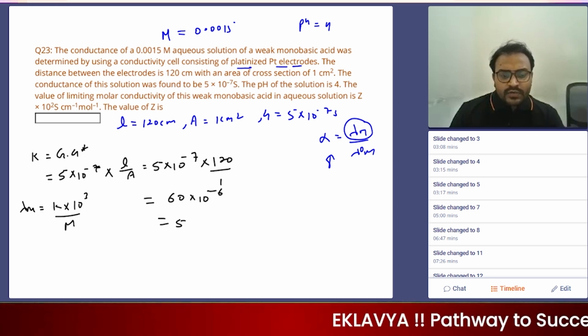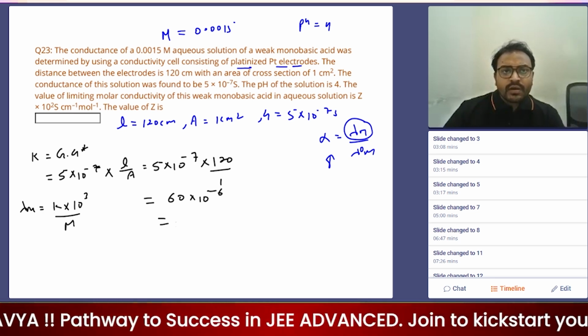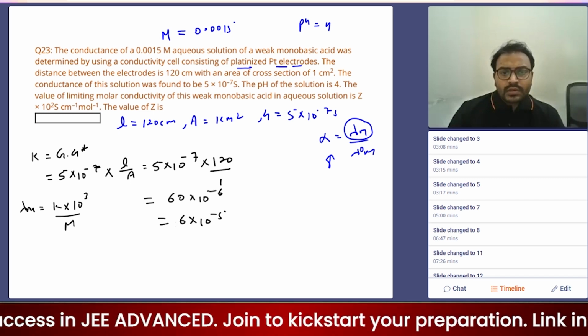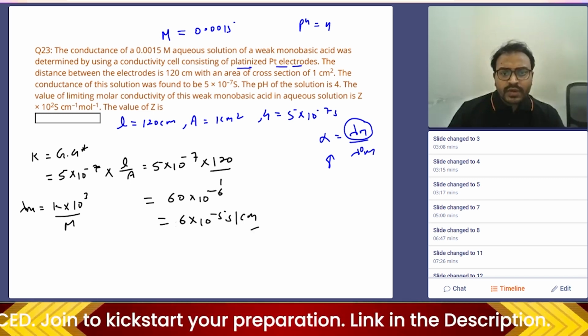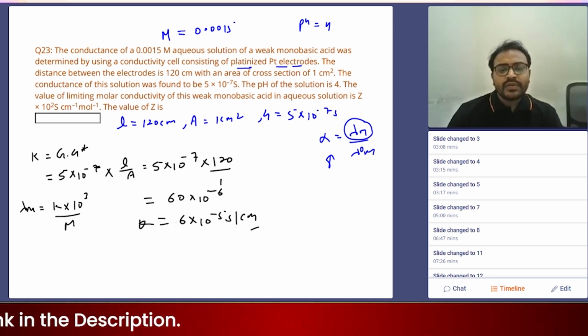So it can be written 6 into 10 to the power of minus 5 S per centimeter. This is the value of kappa we got.